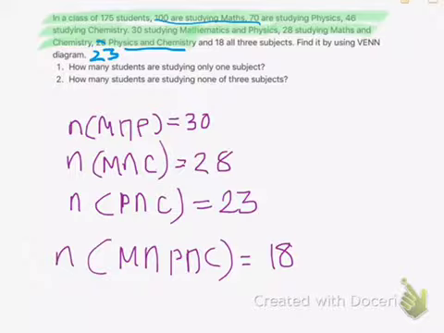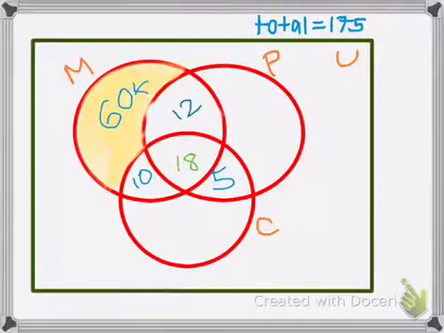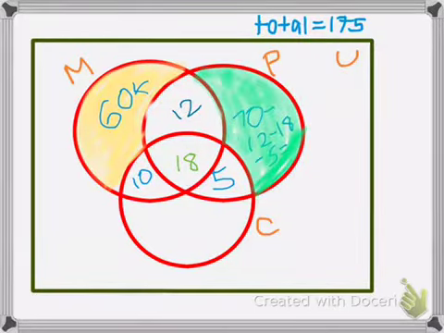Similarly, we can do it for students studying only physics, which is 70 minus 12 minus 18 minus 5. Since we are here to calculate the green portion, which is the students studying only physics, we have to subtract 12, 18 and 5 from this whole circle to get this green part.